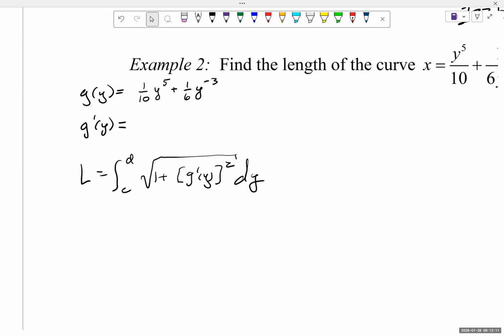How we doing over here, gentlemen? Y 4th. Minus y to the 4th. Minus 1 over 5. So y 4th minus y to the negative. So now it's plugged in. Looks like you two have it.